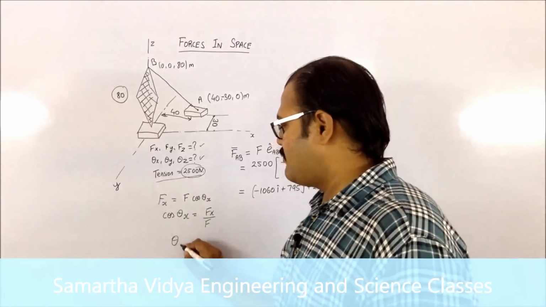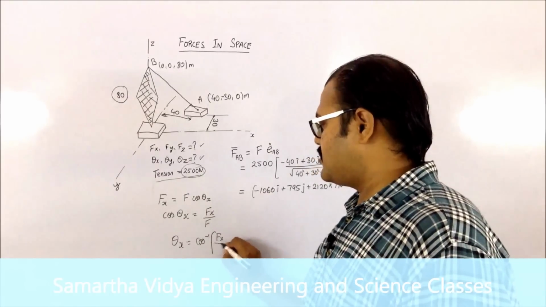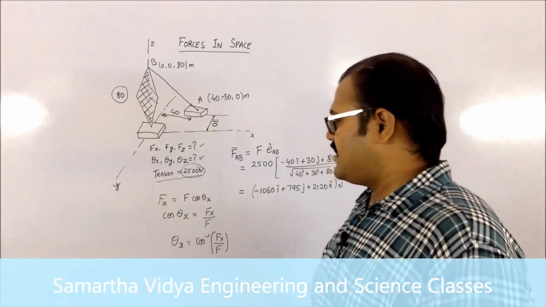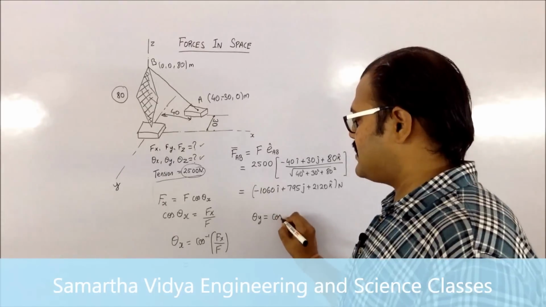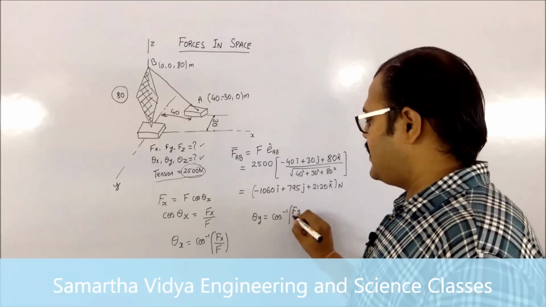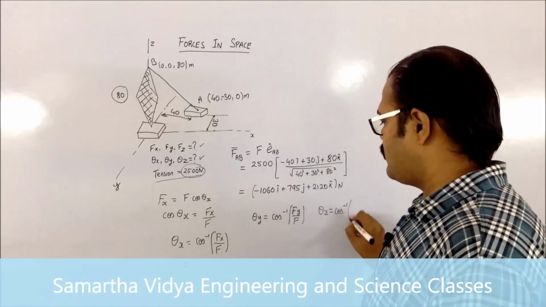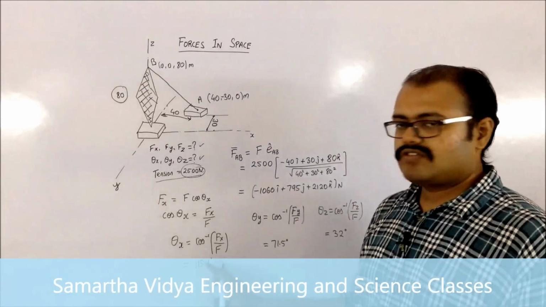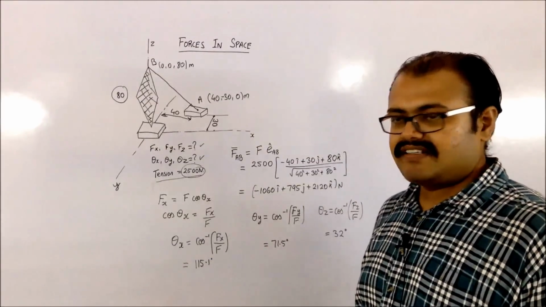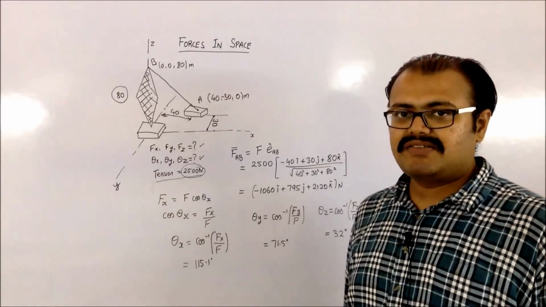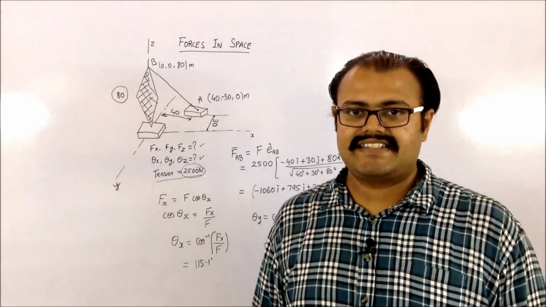So your theta x will be nothing but cos inverse of Fx upon F. To get your theta y, you will use this particular equation, that is cos inverse of Fy upon F, and theta z you will get as cos inverse of Fz upon F. So your values for theta x will be 115, for theta y it's 71, and for theta z it's going to be 32 degrees.